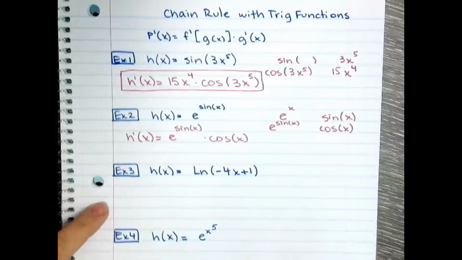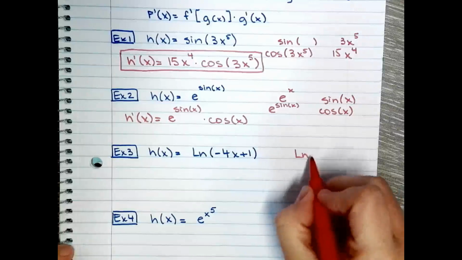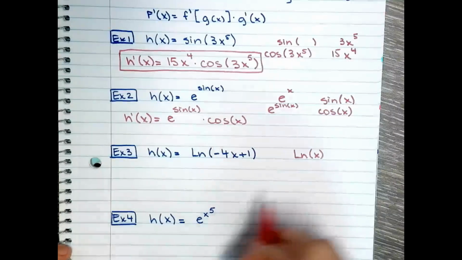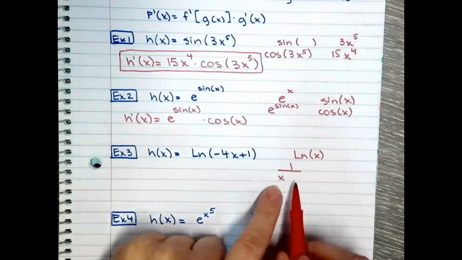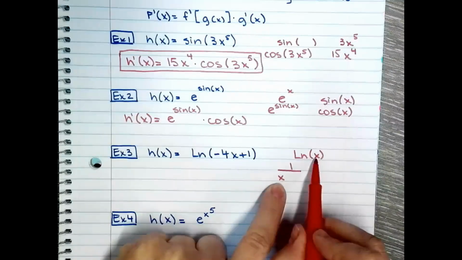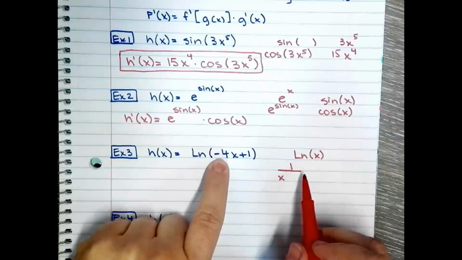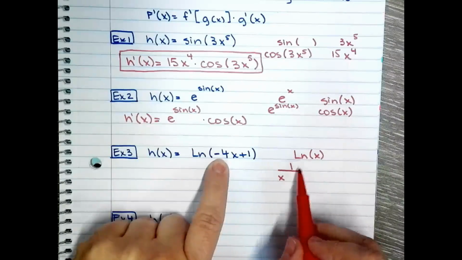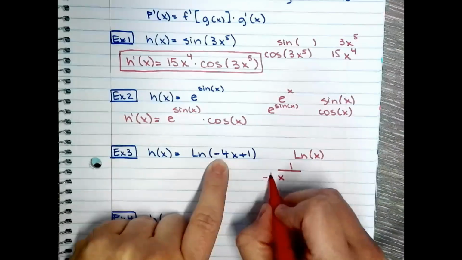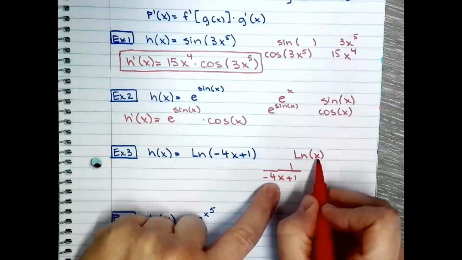Done. One more. I know the derivative of natural log of x is 1 over x. But now your x is not just x. Your function is negative 4x plus 1. So the derivative of this natural log function will be 1 over negative 4x plus 1, because your function is not simply x.